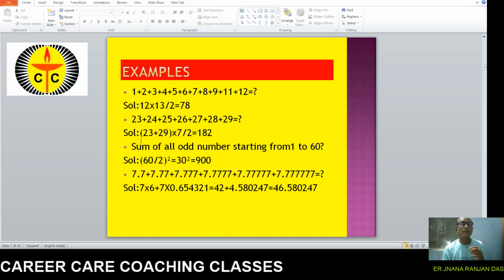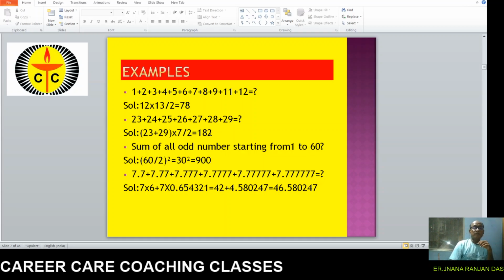So 7 divided by 2, multiplying this, we get 182, the answer of this question.